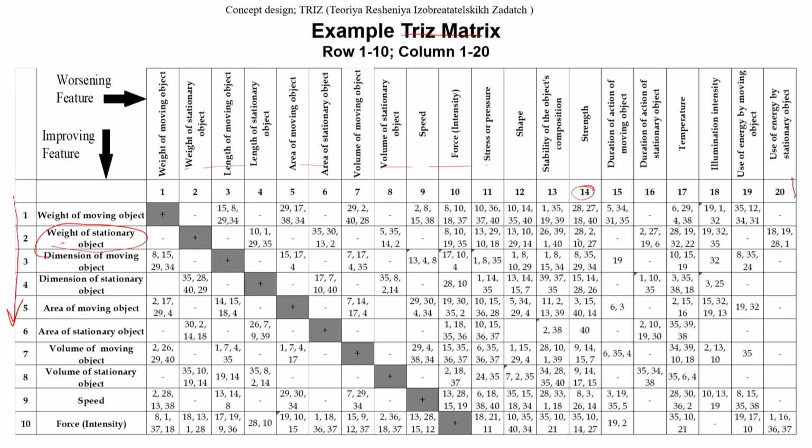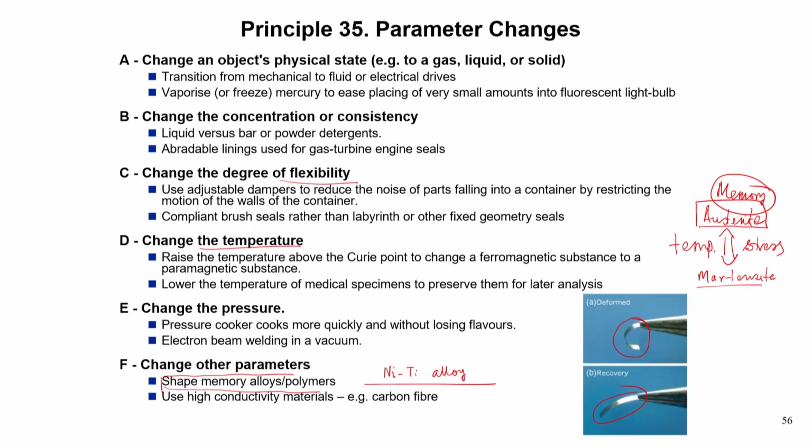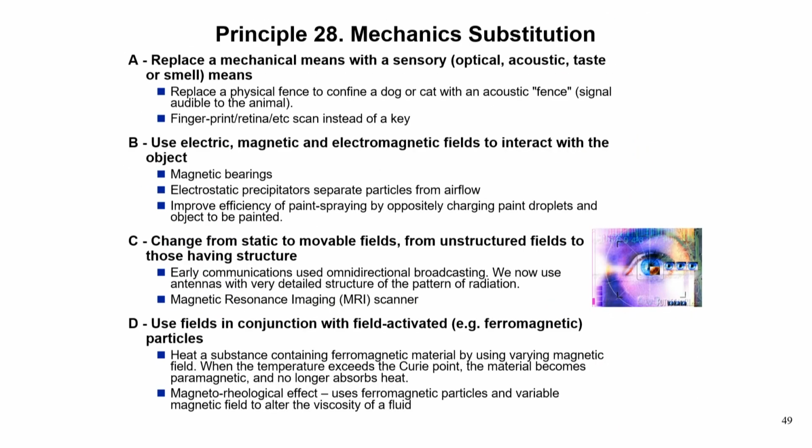So, between 2 and 14 I can see people have used 28, 10 and 27, right. Out of that, some of them we can very quickly figure out. 2, 10 let us forget for now; 27, 28 we can very quickly go and see how I can do it. Well, 28 is mechanic substitution.